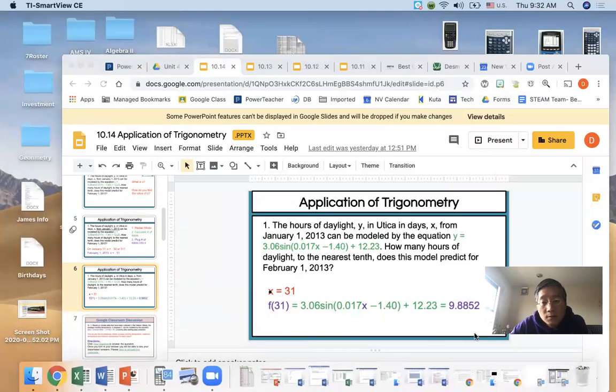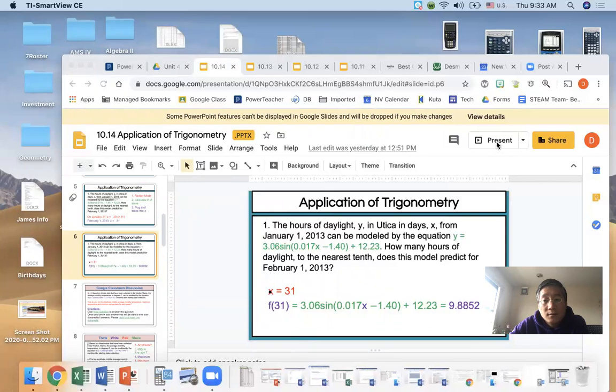Okay, right? So when x is 31, you get this. But here, it doesn't say anything about rounding. If we round to the hundredth, what do you get? 9.89, right? Hundredth. If you round to the tenth, then 9.9. If you round to just hours, then it is 10 hours. Okay, that's how you round.